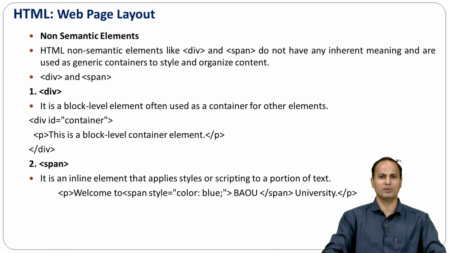So the content to be placed in the paragraph is welcome to BAOU University. Within this content we are highlighting BAOU through the color blue using the span tag. That's why we said that it is an inline tag, we are using it within a paragraph tag. So division and span both are non-semantic elements.